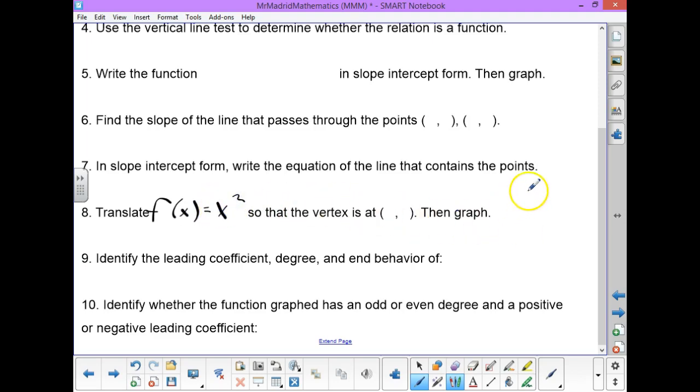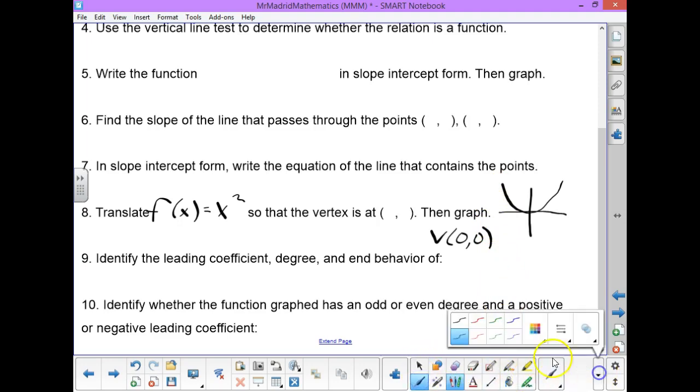Keep this in mind. You know the vertex. Let's say the vertex right now is at 0, 0, right here in the middle. Now, let me get a different color, and move the vertex, let's say they want me to move it to 3, -2.